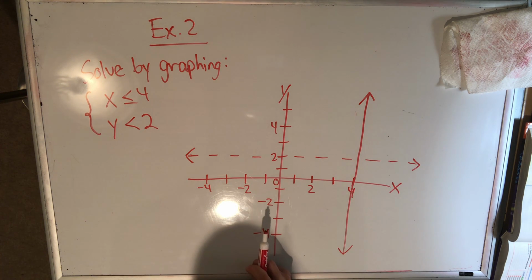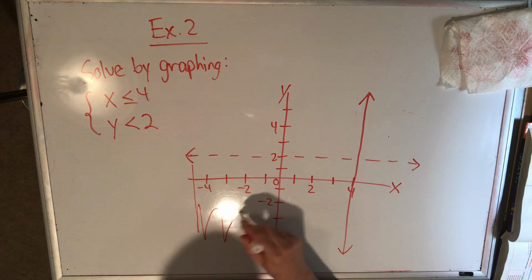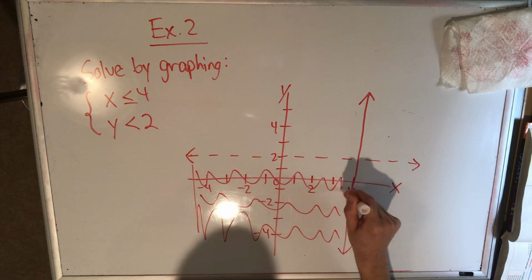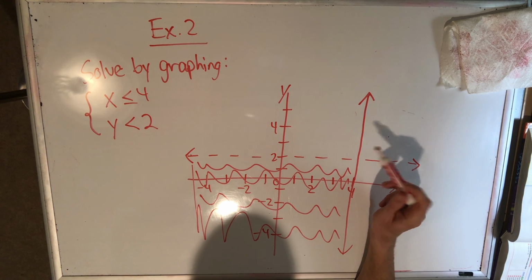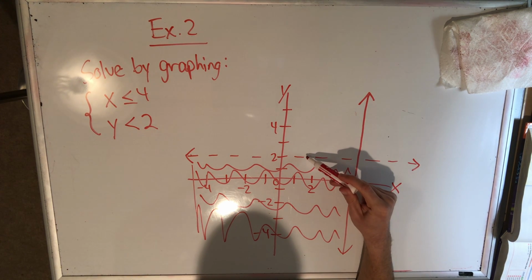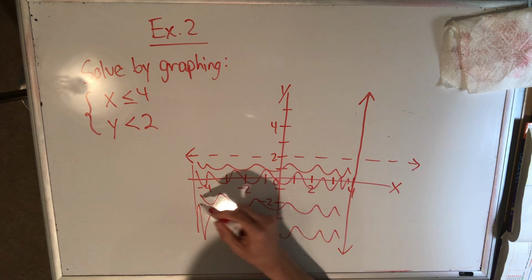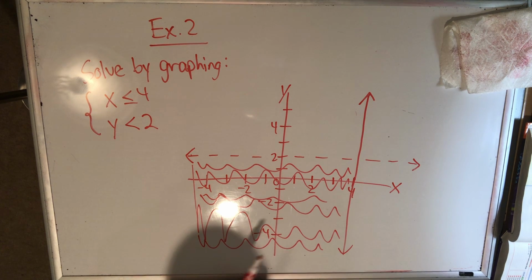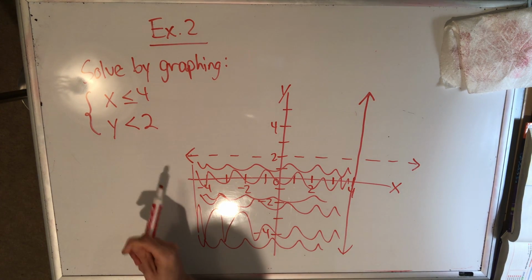So the region we need to shade is this region here, because this is the only region that fulfills both conditions of being below the dotted line y equals 2 and to the left of the solid line x equals 4. Every point in this shaded region has an x coordinate that's less than or equal to 4 and a y coordinate that's less than 2.